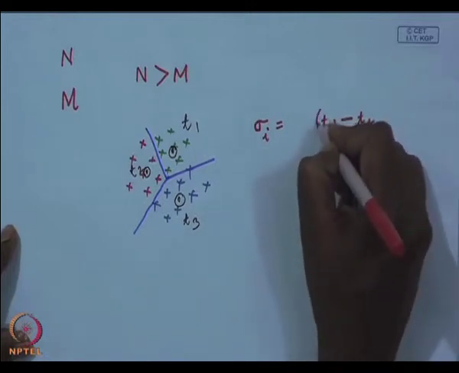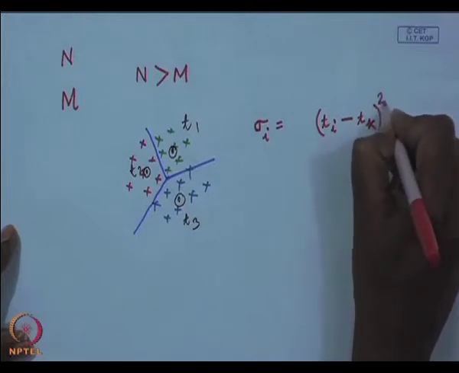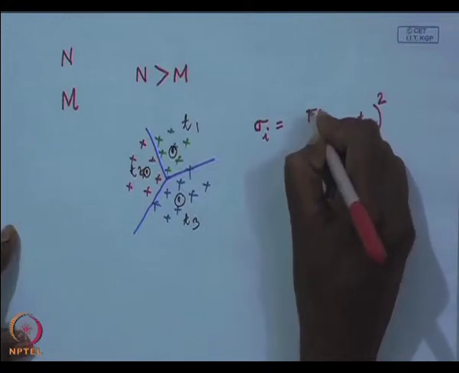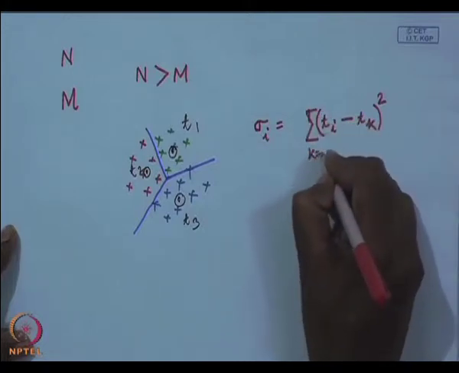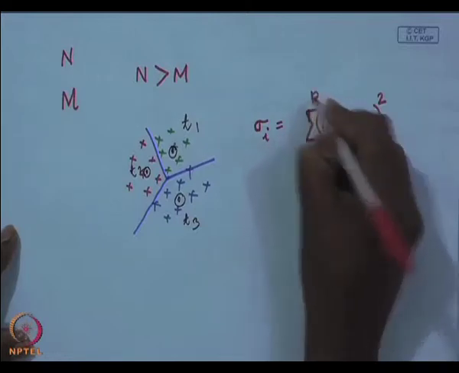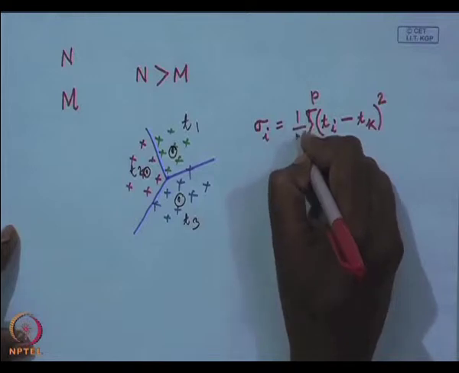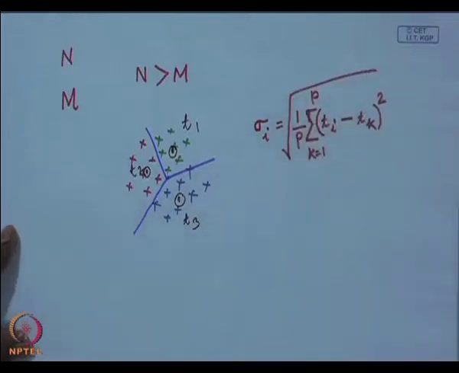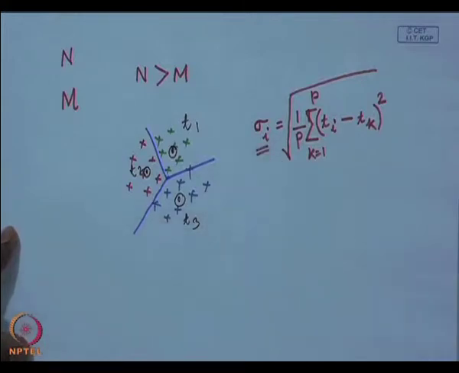Suppose one such receptor is T k. I compute T I minus T k square, take the summation of this for k equal to 1 to p, as I have p number of receptors, 1 upon p of this, and the square root of this. So, this defines the spread of the ith radial basis function.